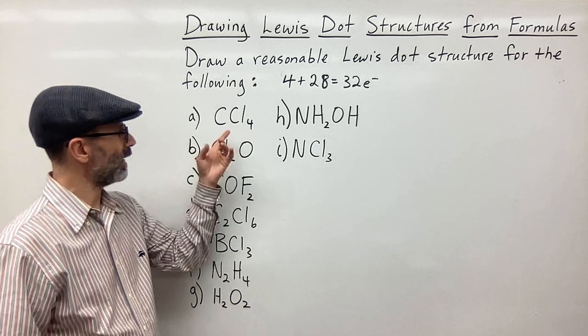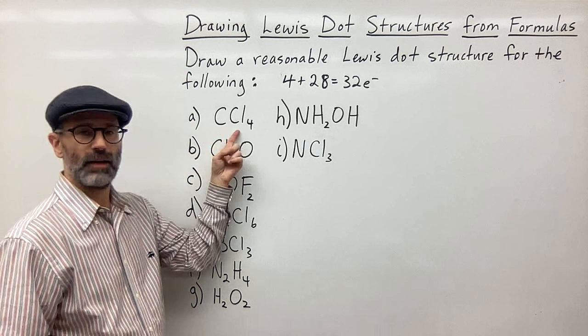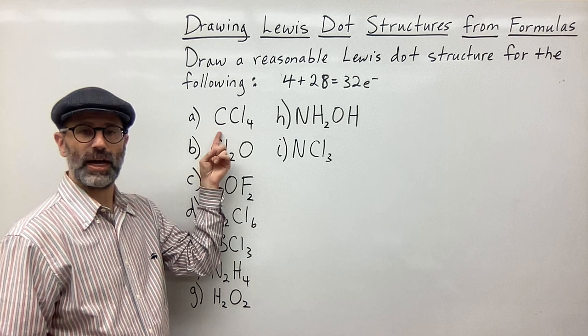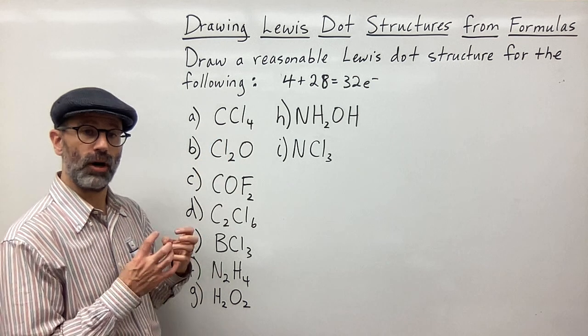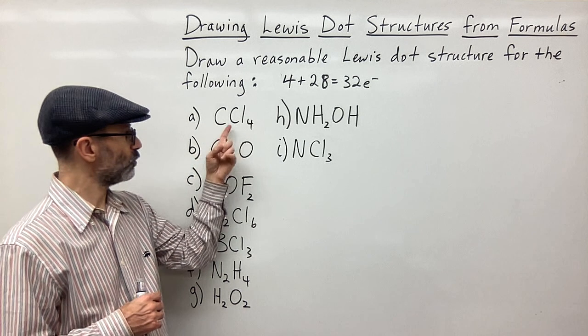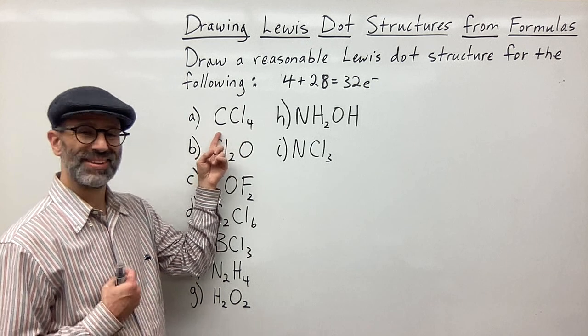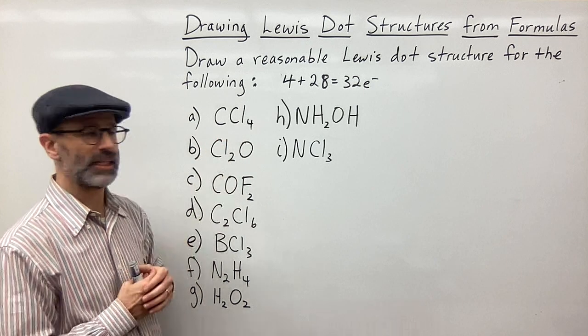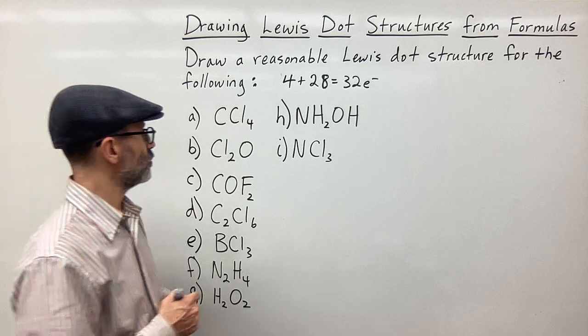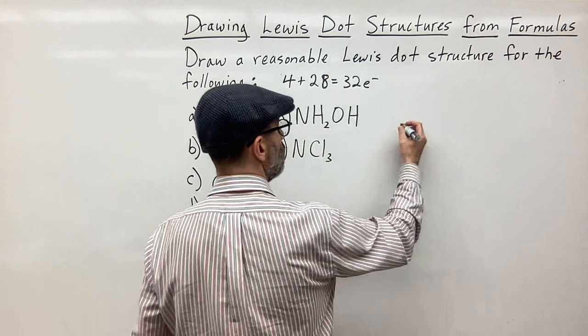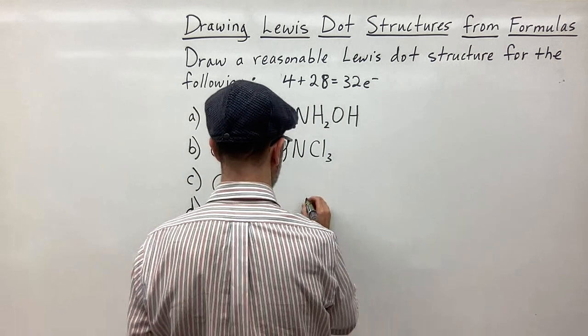And another thing I didn't mention before is that usually the central atom is the one that you will have fewer of, or one of. So you'll see here I have 4 chlorines. I only have 1 carbon. So carbon is very likely to be your central atom. So we're going to do our central atom. I'll draw it here.